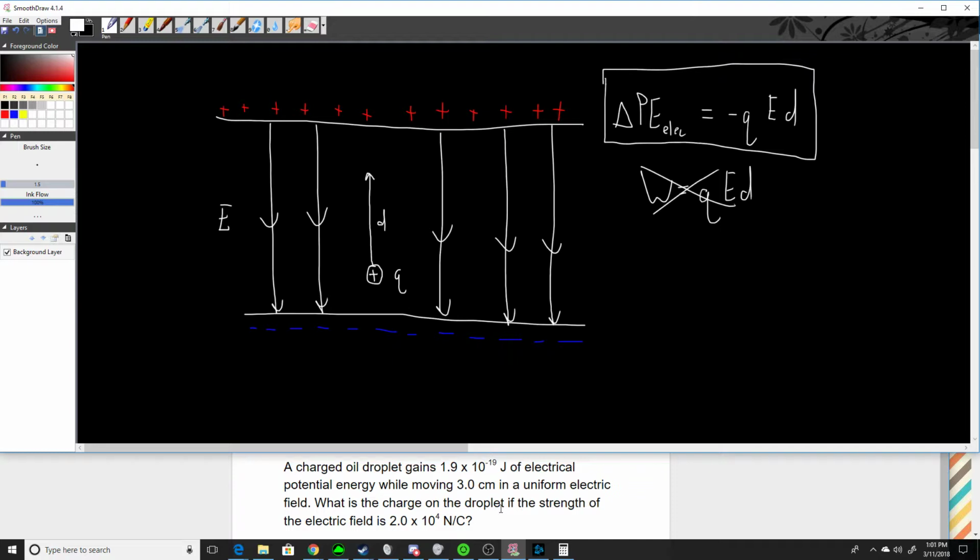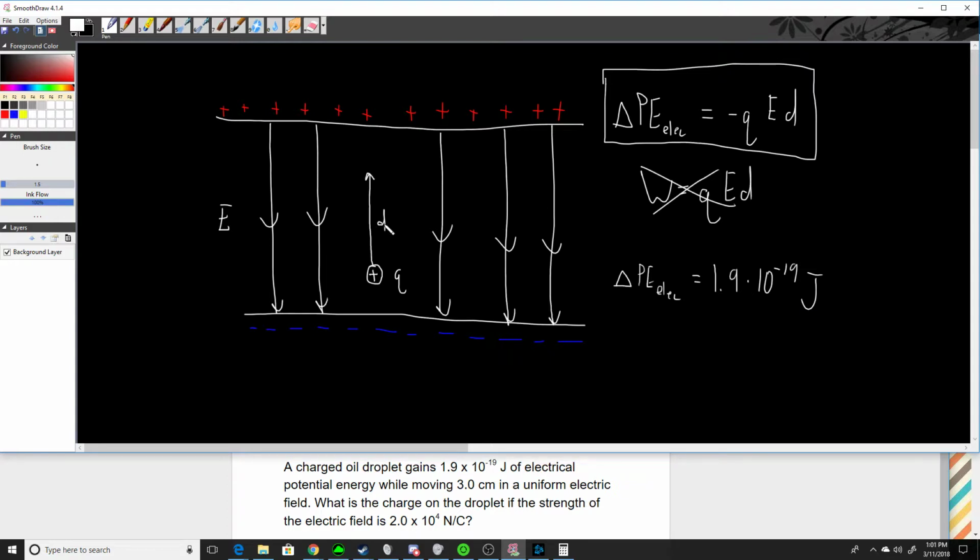What is the charge on the droplet if the strength of the electric field is 2 times 10 to the fourth Newton per Coulomb? All right, so what I know here is that the change in electrical potential energy is 1.9 times 10 to the negative 19th joules.